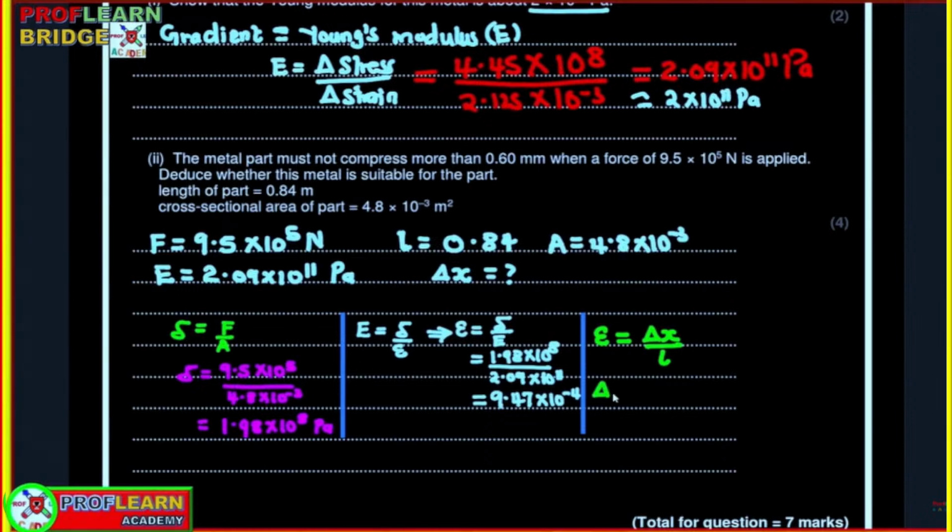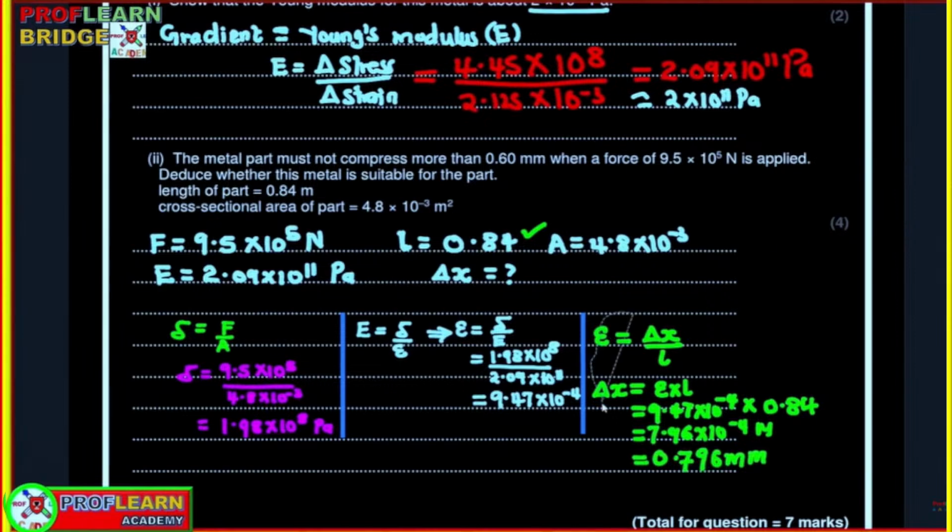So delta x is strain times the original length of the part, and working it out, in meters it's going to be 7.96 times 10 raised to power 4 meters. We can convert this to millimeters by dividing by 1,000, which translates to 0.79 millimeters.